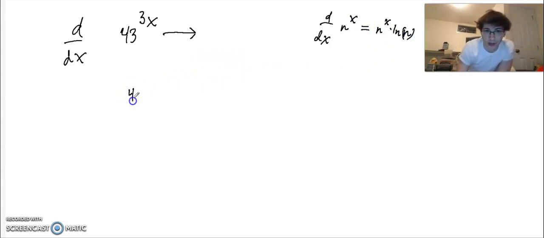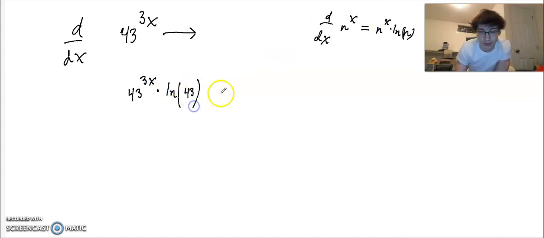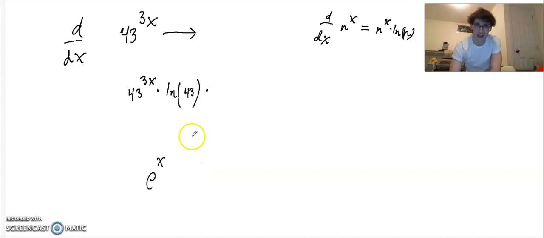So we got 43 to the 3x times natural log of 43, times, remember, also, if it's e to the x, you can still do this chain rule thing.